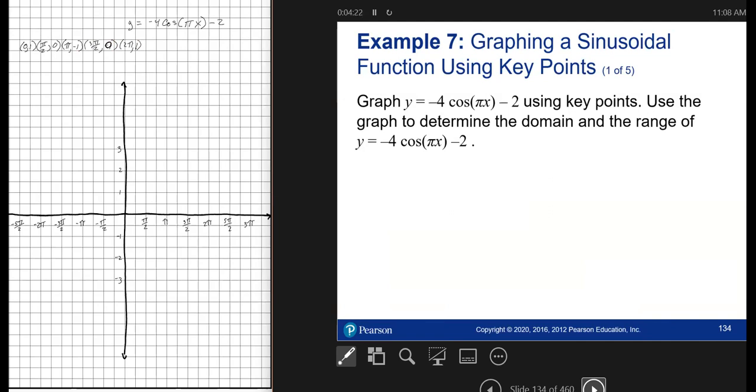Okay. So those are the key points we're looking at.